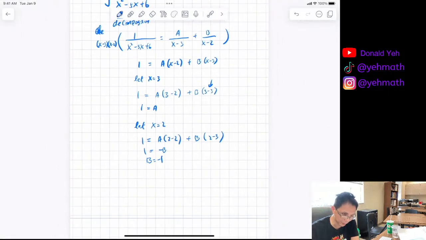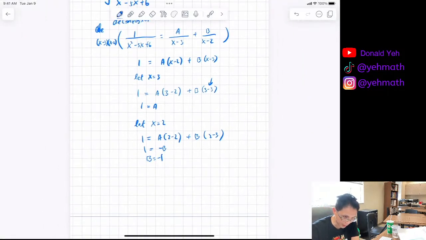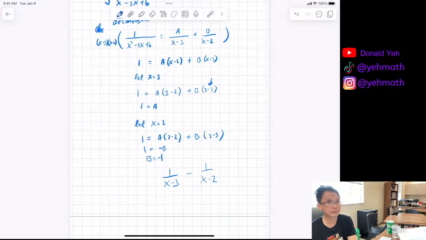So can I rewrite that as 1 over x minus 3 minus 1 over x minus 2? And that becomes the new function that I can take the integral of.